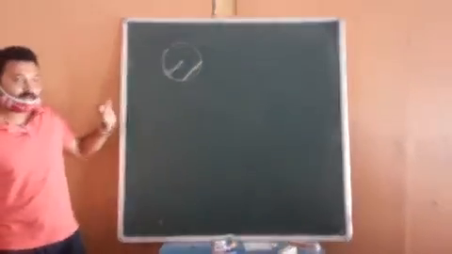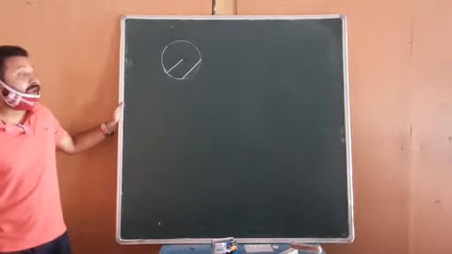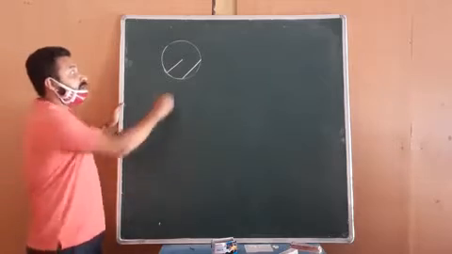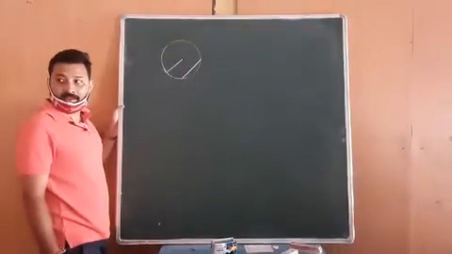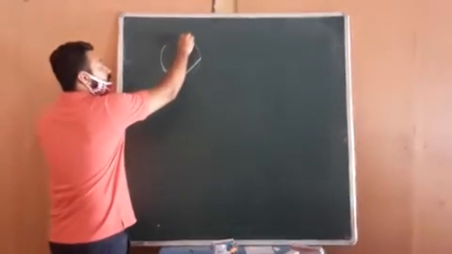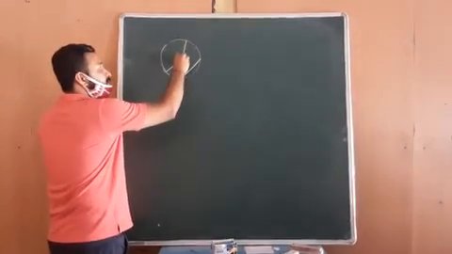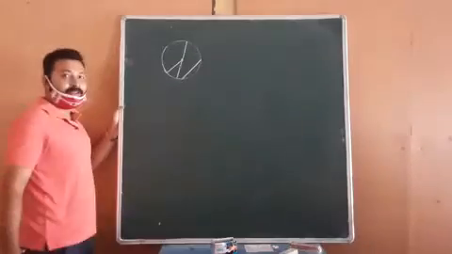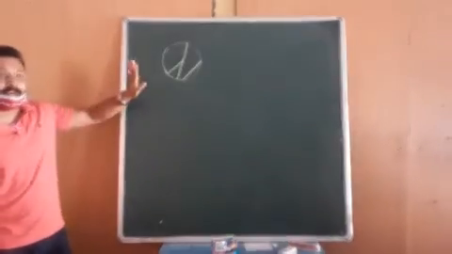So this is a chord. A chord of a circle which passes through the center of the circle is called the diameter of the circle.